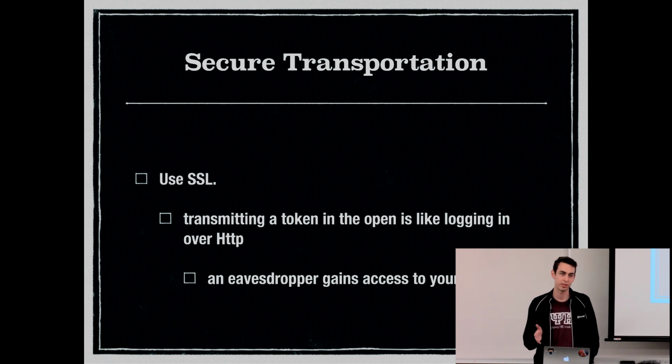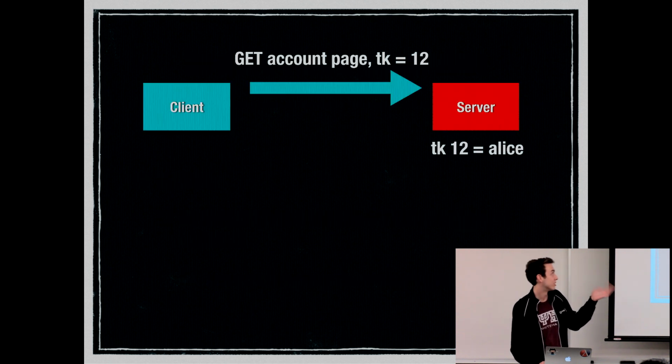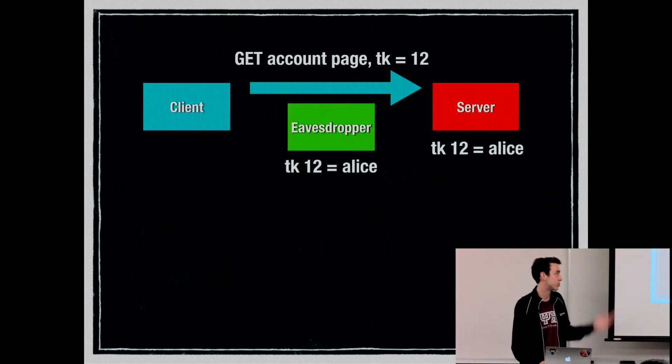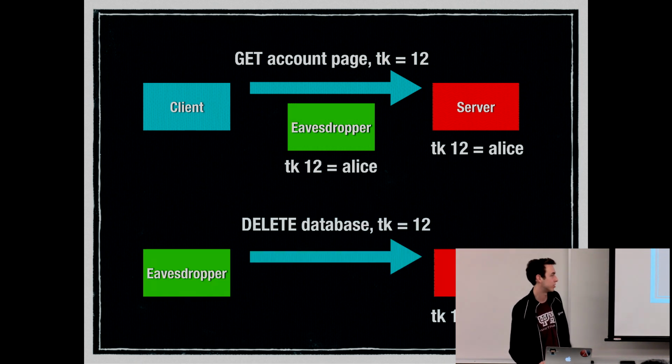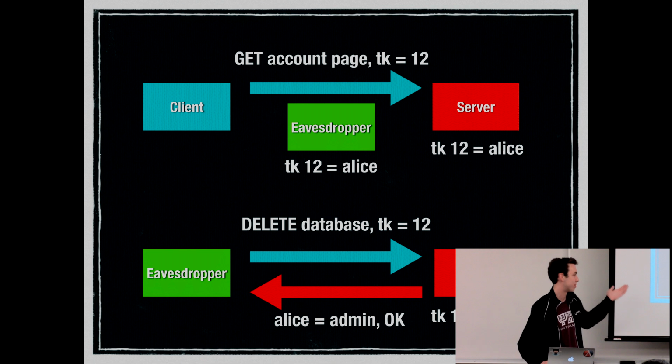If you send the token in the clear, somebody else just looks at the token, sets their token to be that token, and now they're you. Everything has to be done encrypted. Oh, and I have a nice slide of that. So normal, you know, get a page, client has the token 12, there's an eavesdropper, then they just set their token, and now the server thinks, okay, you're Alice, I'll delete the database, even though the eavesdropper isn't Alice.